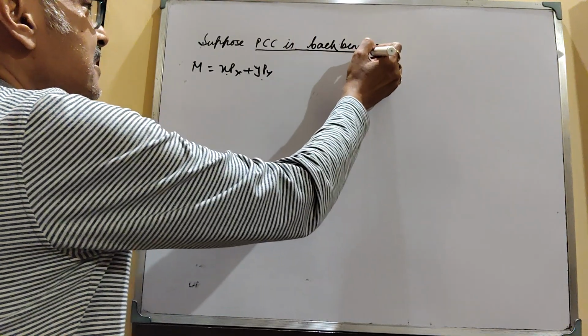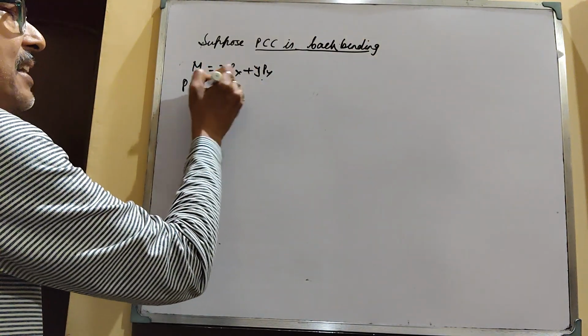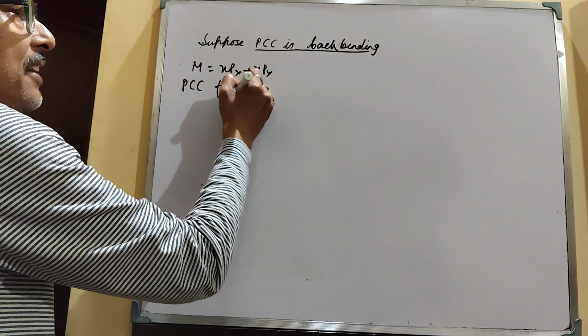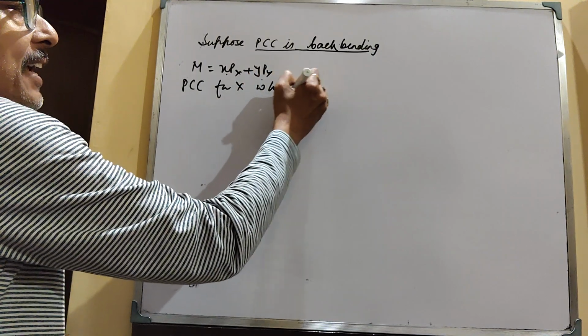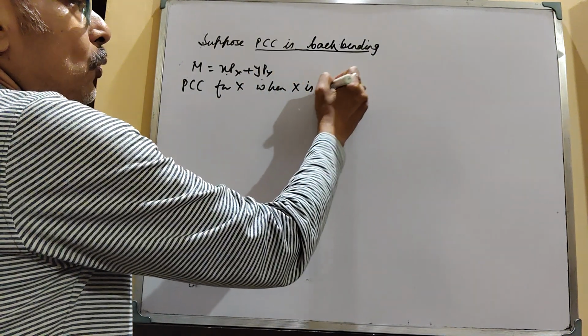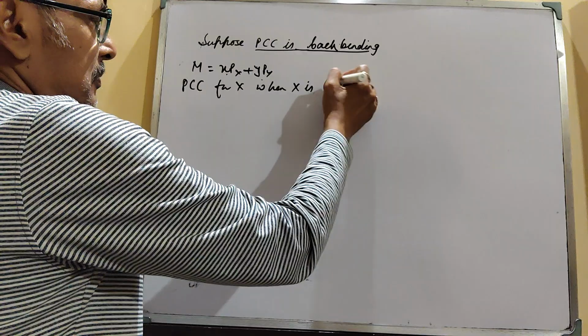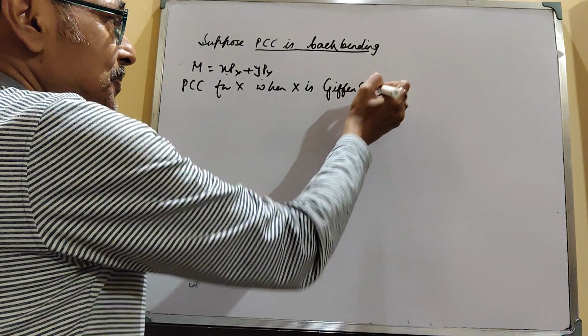That is the PCC for X, the price consumption curve for X, when X is a given good. Now, what is a given good?